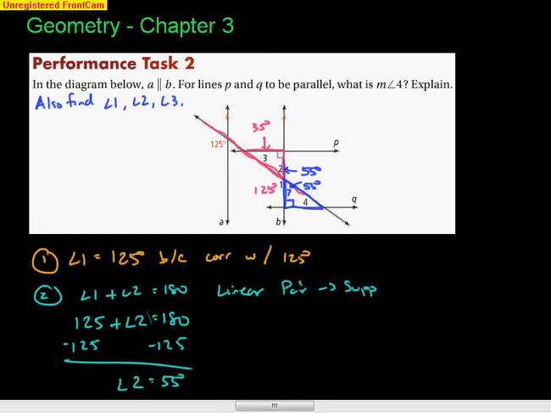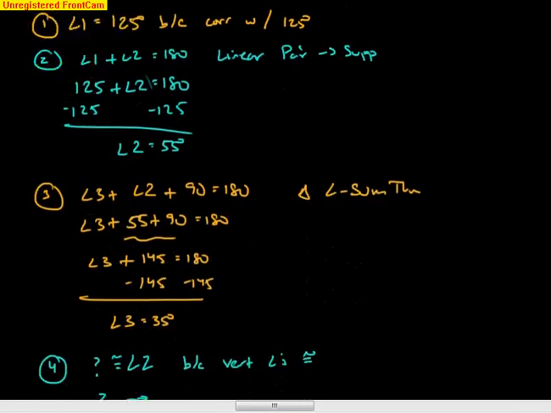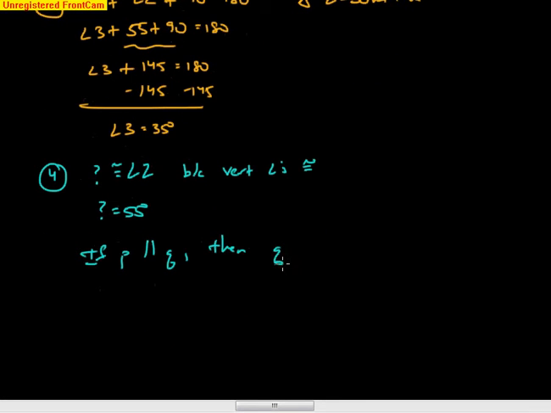So let's talk about that down here. If P were parallel to Q, then Q would have to be perpendicular to B, because B is perpendicular to P.